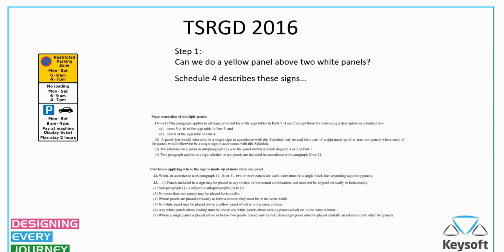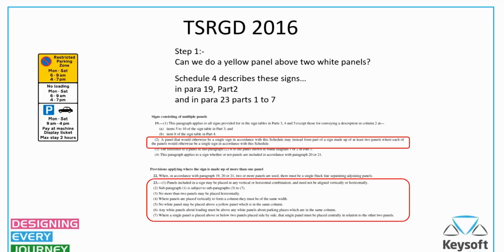The Schedule 4 has these different tables, and within item 2, sorry, the text is a little bit smaller than I'd like there, but a panel that would otherwise be a single sign in accordance with the schedule may instead form part of a sign made up of at least 2 panels, where each of the panels would otherwise be a single sign. So basically, it's saying if I can do a single no loading sign, I can put them together into that column. So that does clearly state that I can put the 3 signs together.